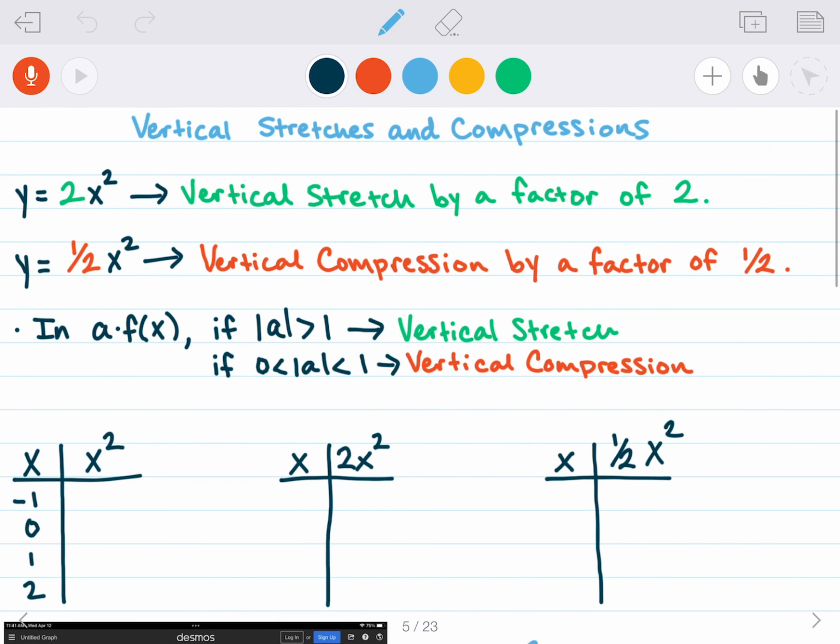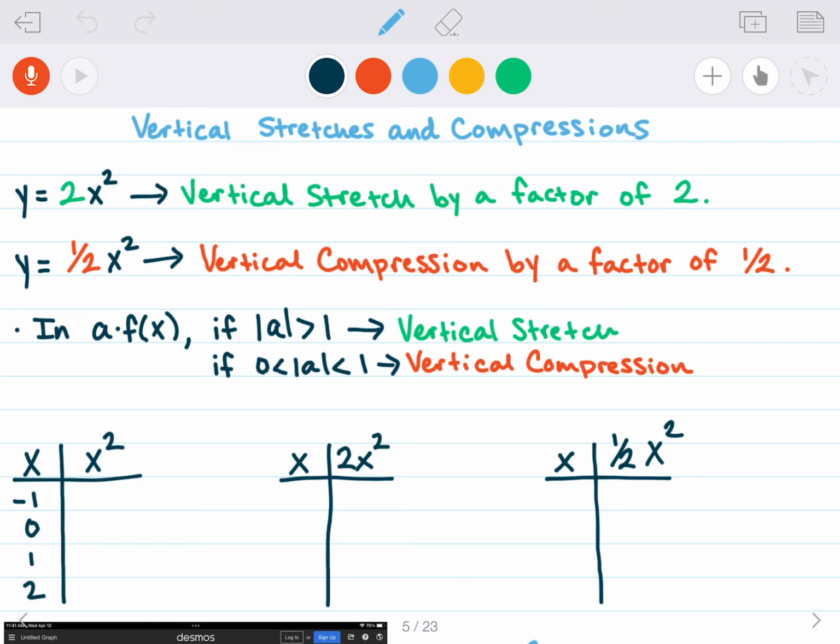All right, so let's talk about something new. We're going to talk about what's known as vertical stretches and compressions. When you stretch something vertically, imagine you have some silly putty. This is a silly example, but imagine you're pulling it from both ends vertically.